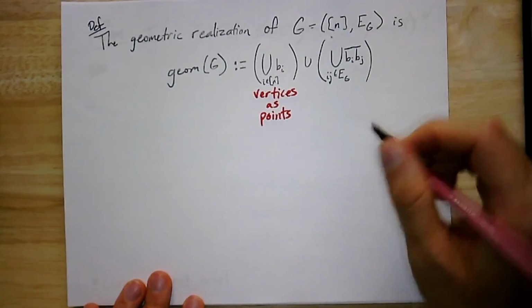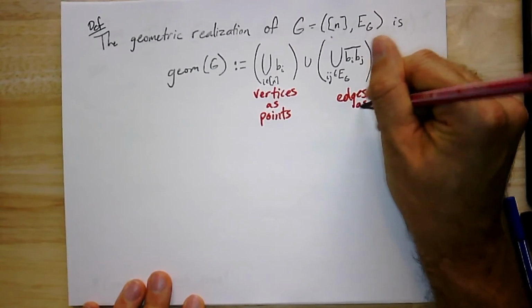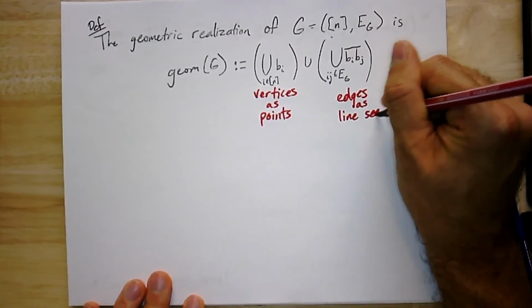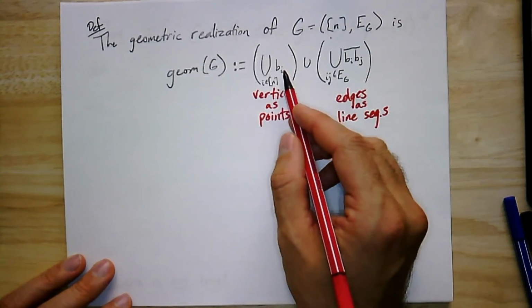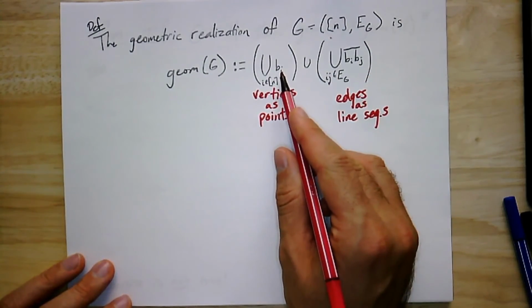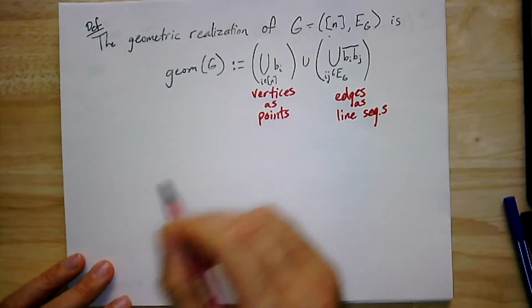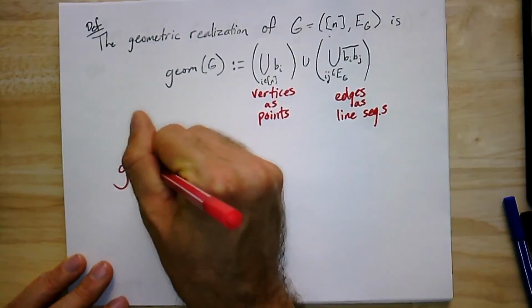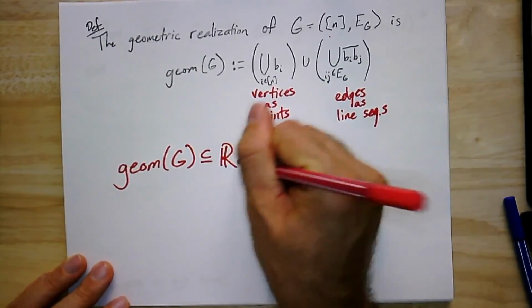And we're just going to take the union of the whole thing. If you think of these points and line segments now living in Rn, what we have is that the geometric realization of the graph is a subset of Rn.